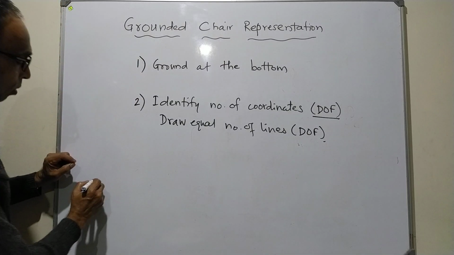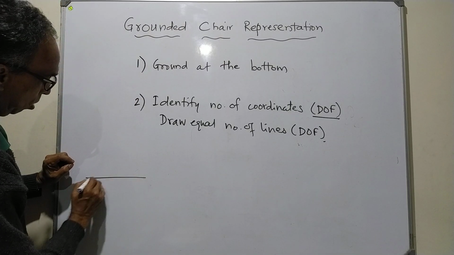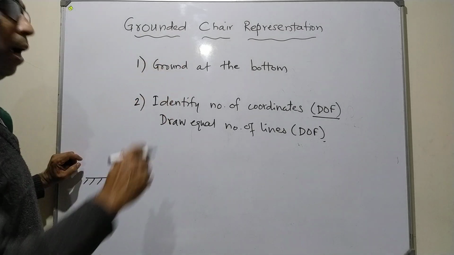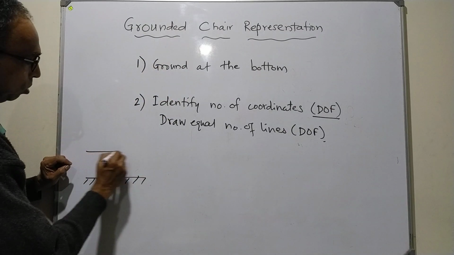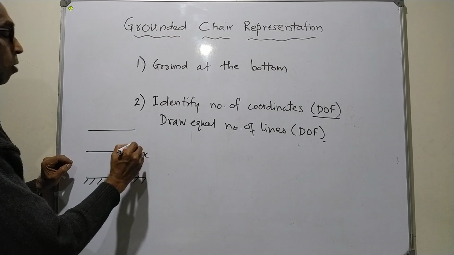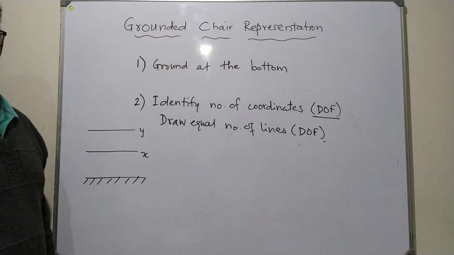How will it look? Suppose I draw the ground at the bottom. If I have x and y as two coordinates, I draw two lines corresponding to the x coordinate and the y coordinate.